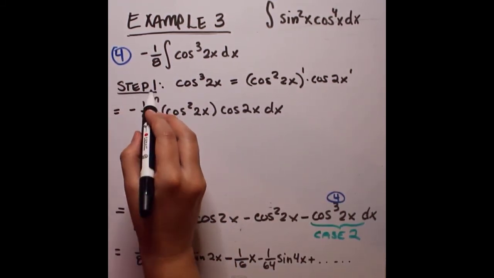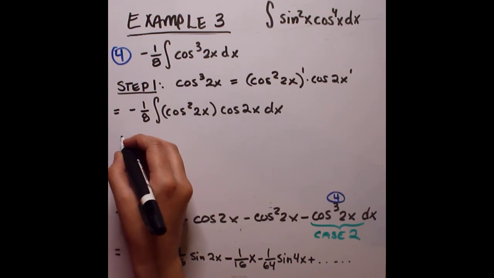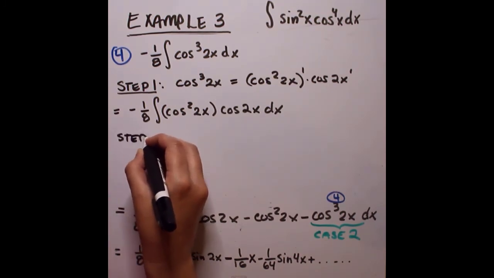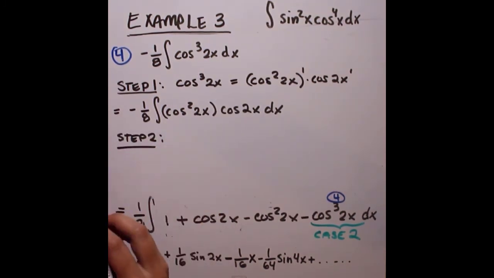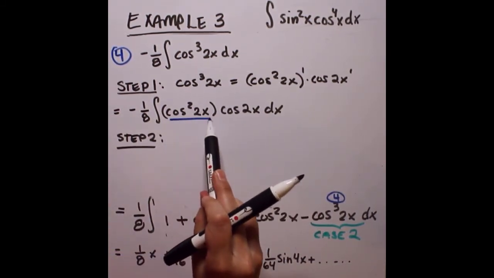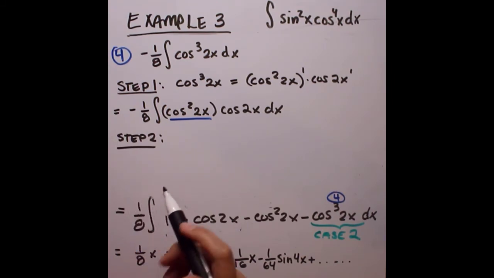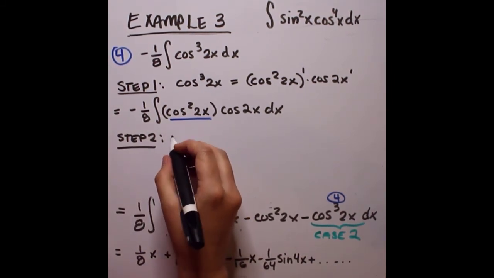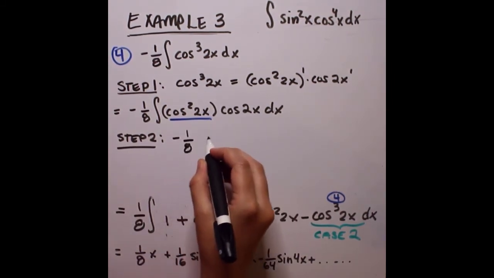All right, moving on to our step 2. Step 2 from case 2, from cases 1 and 2, was to rewrite this squared quantity with your Pythagorean identity. So we're going to go right into it. This is negative 1/8.